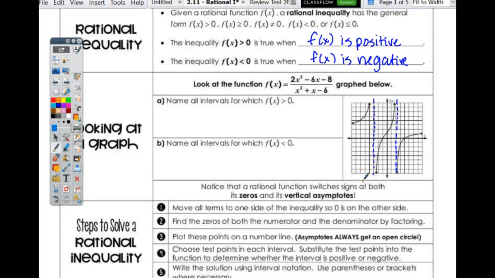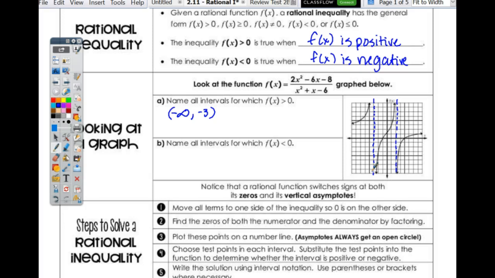So when I'm looking at this graph, I want to start with the positive. So this one is positive, correct? So that's going to be negative infinity to negative 3, is that right? And then what happens at this vertical asymptote? What happens to the function? It becomes negative, right? So at the vertical asymptote, it switched from positive to negative.